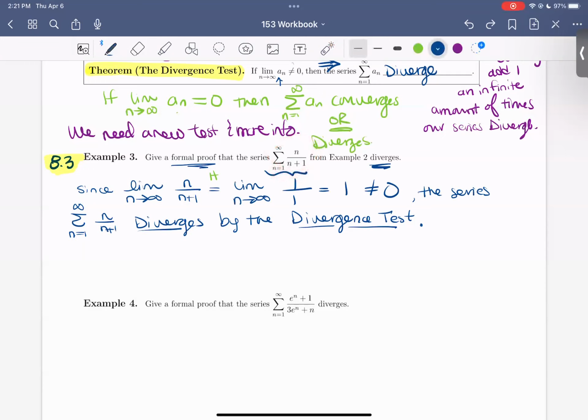So what were some important things that we included in this proof? Well, first of all, in a formal proof, we always want complete sentences. We don't just want to show work like, oh, here's the limit and here's the result. A formal proof means that we're writing up the results, meaning we're using complete sentences.